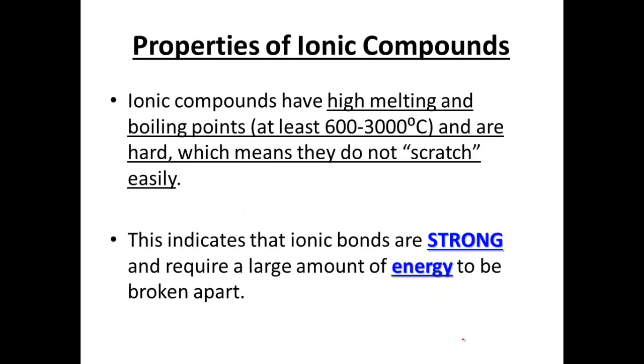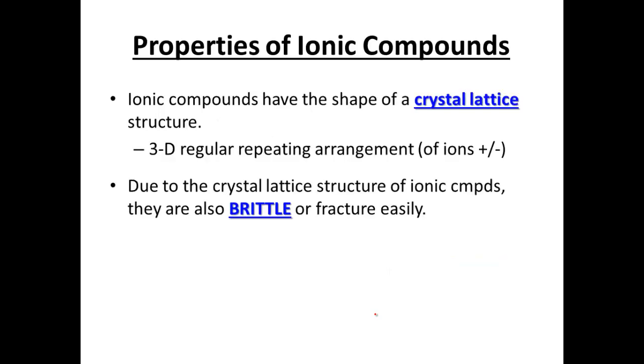So our ionic compounds. Ionic compounds have very high melting points. They're very hard, so they're hard to scratch, would be a way to say that. Ionic bonds are strong and require large amounts of energy to break that positive and negative bond apart. Ionic compounds have what are called crystal lattice structures.